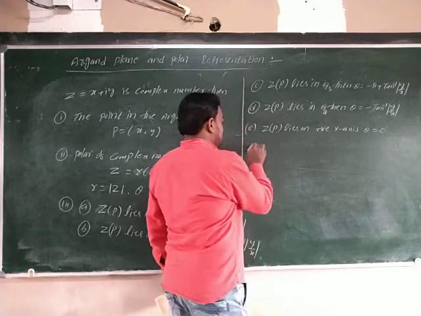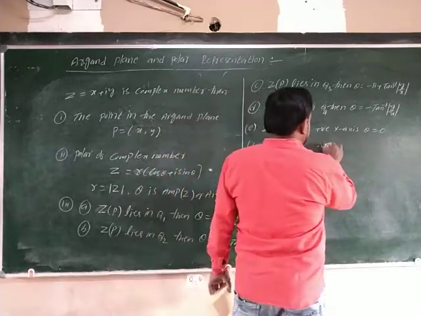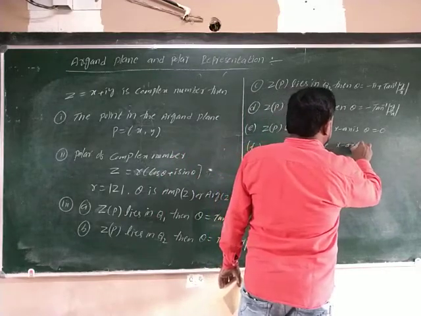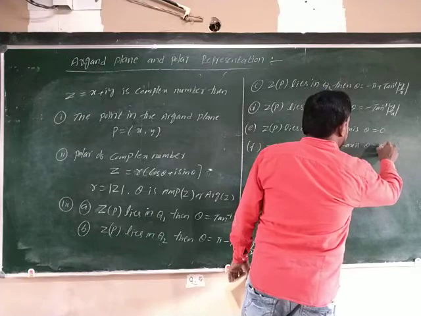Next F: if P lies on the negative x axis, theta = pi.